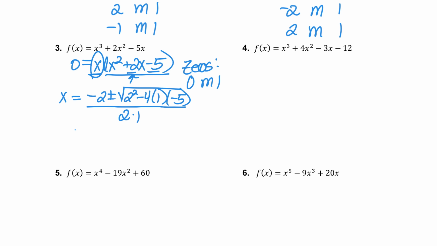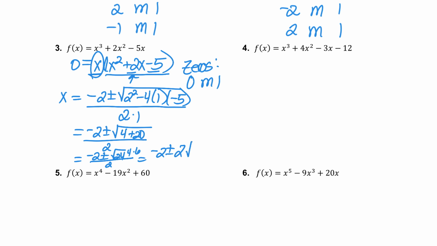Okay, let's simplify. That's going to be negative 2 plus or minus the square root of 4 plus 20, over 2, which is negative 2 plus or minus the square root of 24, over 2. 24 is 4 times 6, so you can take the square root of 4, which is 2. Man, 2 is becoming popular here.